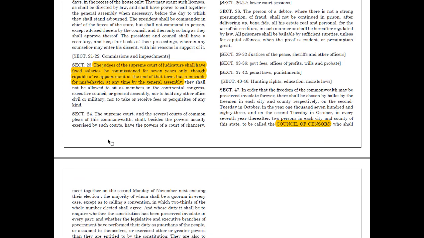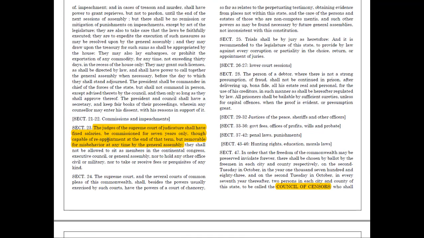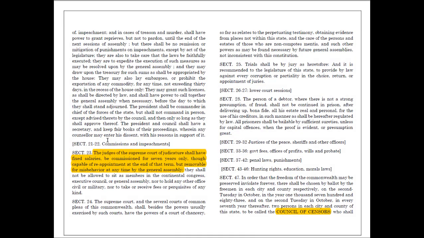Indeed, all the way back at the end in Section 47, buried at the very end of the Constitution, we find an institution that is similar to the Council of Revisers or Council of Revisions that we saw in the New York Constitution. We find a Council of Censors here in Section 47.